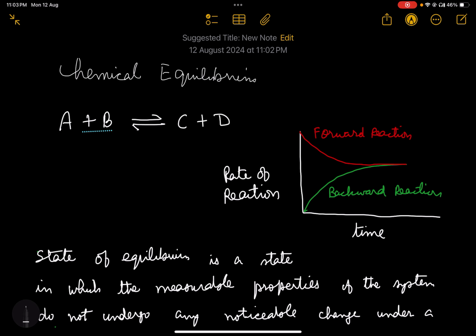On the other hand, the concentration of product increases. Therefore, the rate of the backward reaction increases, as shown by the green line. A stage is reached when the backward reaction and the forward reaction become equal. That is, the rate of forward reaction and the backward reaction are equal, and such a state is known as the state of equilibrium.